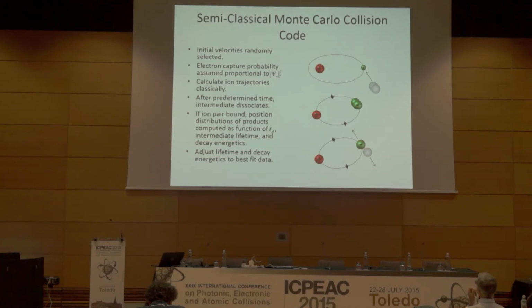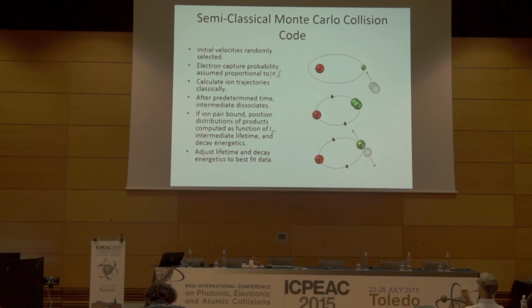In keeping with the essentially free electron model, we treat the interaction between the molecule and the atom as a binary interaction between the electron and the molecule. So we can just treat the probability of electron capture as proportional to the local probability density of the electron, which is just psi squared.